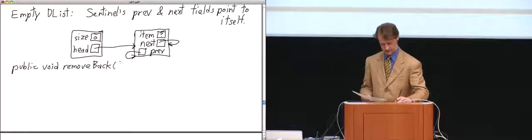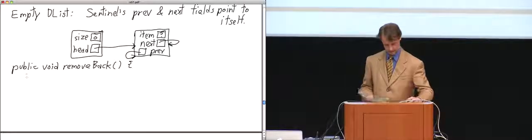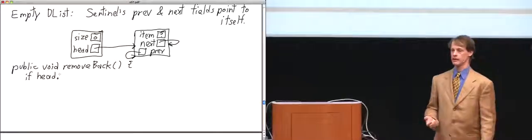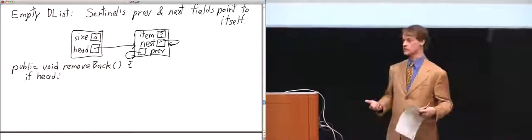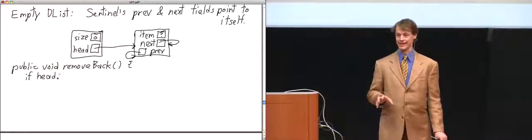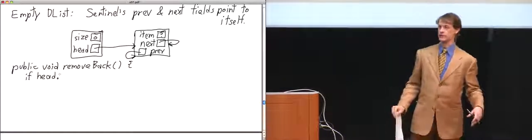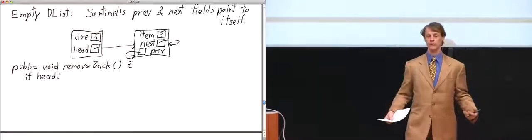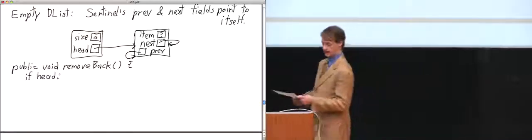It removes whatever item is at the back of the list. We only have one special case in this code, which is when the list is empty, when there are 0 items, we need a special case that just doesn't do anything. That's the only special case. After that, we're going to write code that works for any number of items from 1 on up.